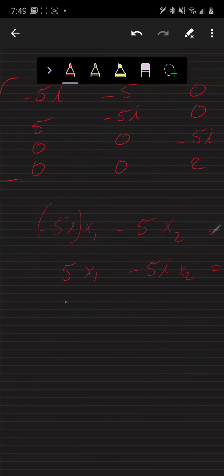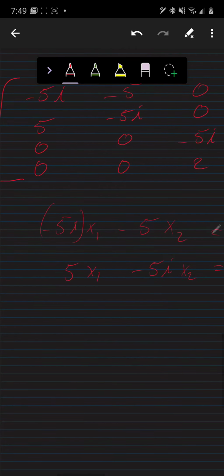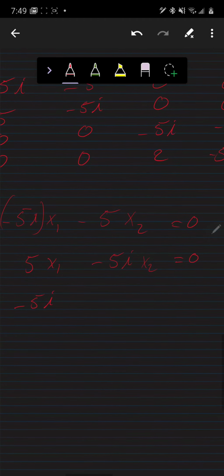The other one is going to be negative 5i, minus 2, and this is x3, this is x4, equals 0. And this is going to be 2 x3 minus 5i x4 equals 0.